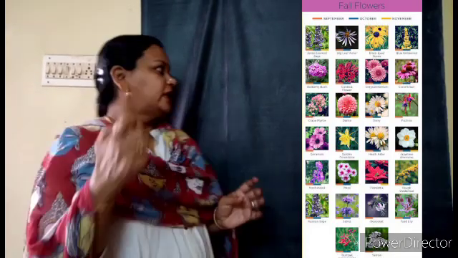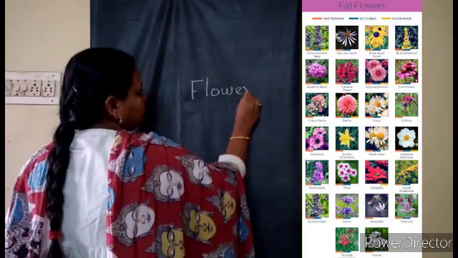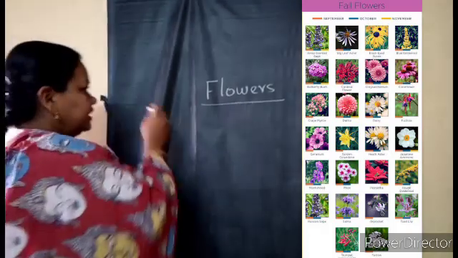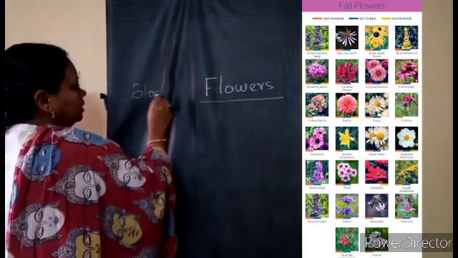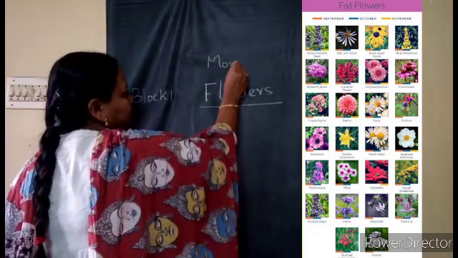Each part has its own function, which we learned in our previous classes, like root, stem, and leaves. Plants have one more beautiful and colorful part also. Can you guess what that part is called? Very good, they are the flowers. So today our topic is going to be about flowers. We are going to learn more about flowers. That is our Block 1, more about flowers.